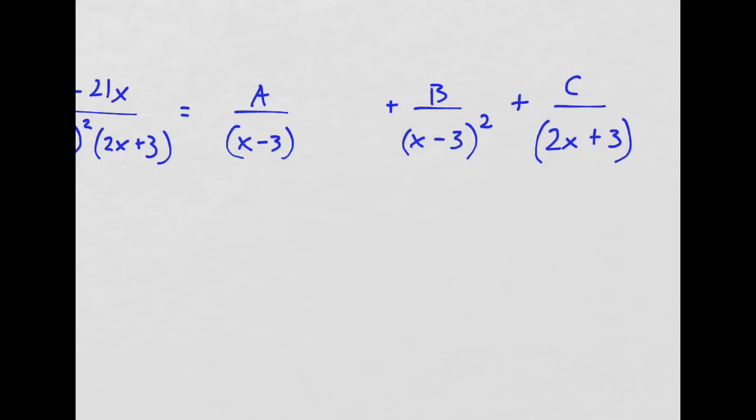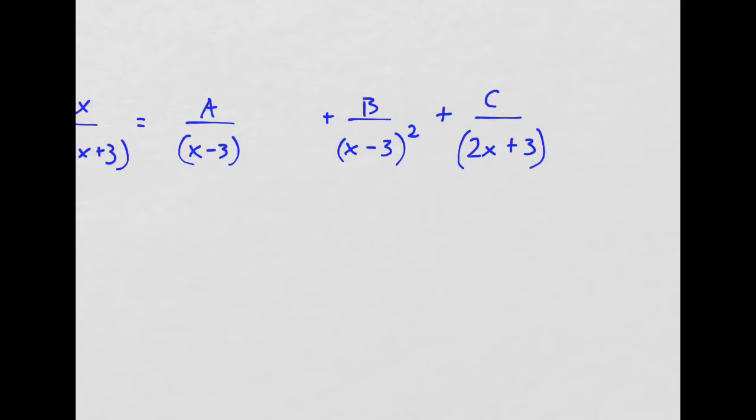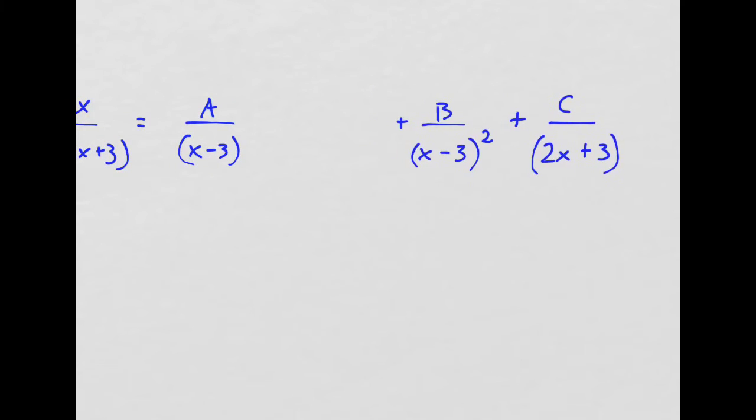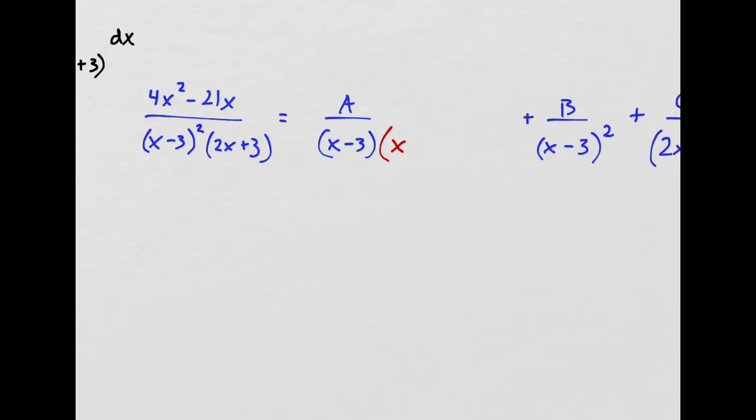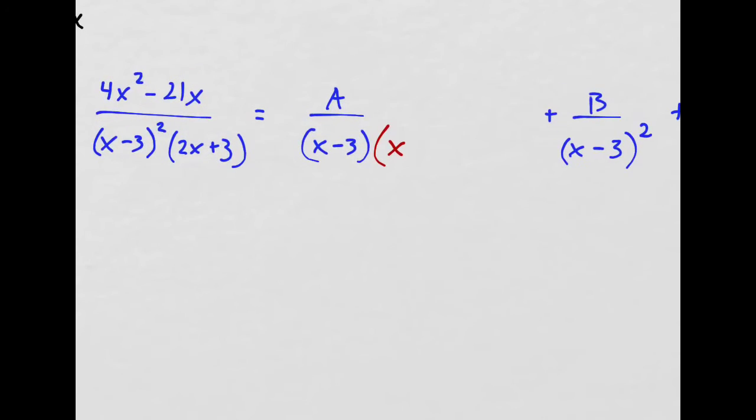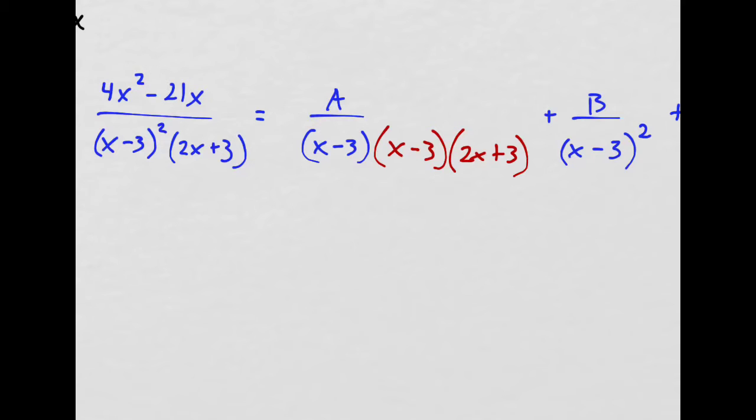I think I might need even more space than that. The common denominator would be, I guess, all of this stuff, right? So what is this missing? This is missing an x minus 3 and also a 2x plus 3. And so I have to do that in the top.